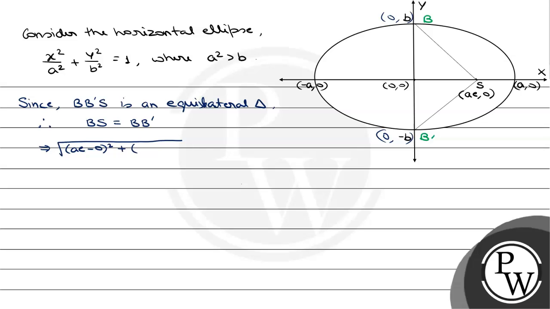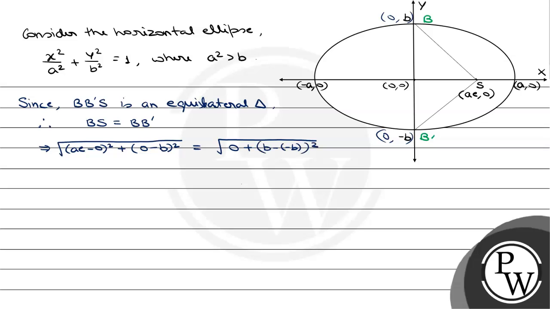So here y is 0 and it is b, so it will be 0 minus b whole square, which is equal to BB dash, meaning the distance of b and b dash. X coordinates are 0, so it will be 0 only, plus the y coordinates are b and minus b, so it will be b minus of minus b whole square.